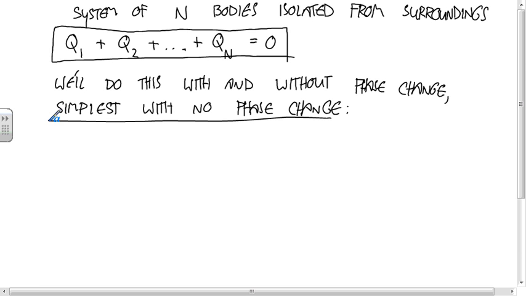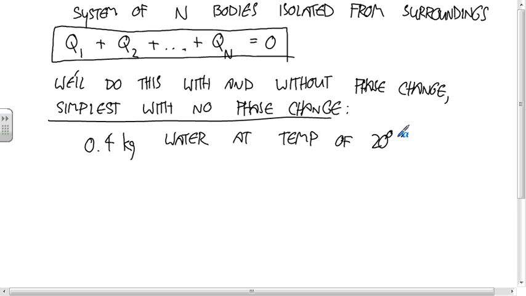So let's say we have 0.4 kilograms of water at a temperature of 20 degrees Celsius.